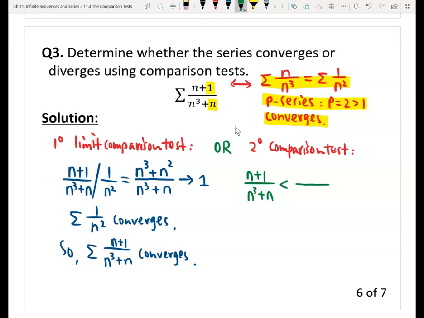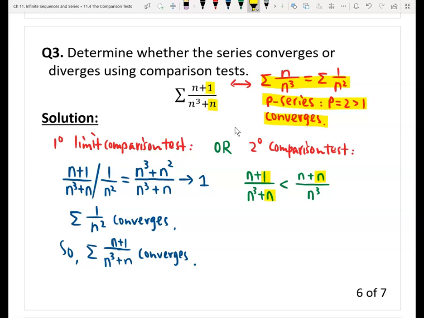See, if we want to enlarge the fraction, I have to do what? I have to decrease the denominator, which means I take n away, right? And how about this one? I can enlarge the numerator, which is n plus n. Does this make sense? See, 1 is less than n. Therefore, the second fraction, the right fraction, is bigger, right? Also the same. And I take this n away.